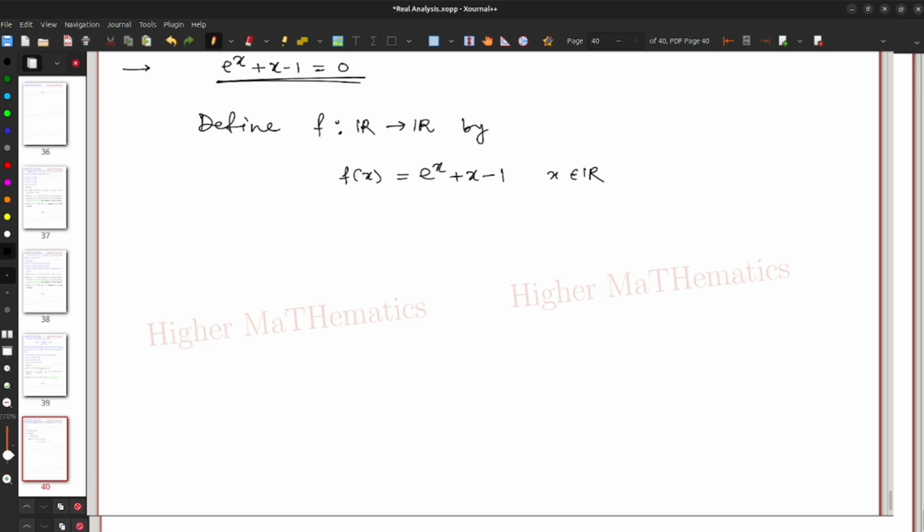Now look at this function. This function is differentiable everywhere, at every point of R, and the derivative f dash x is e to the power x plus 1 for all x belongs to R. Now observe that f dash x is always greater than 0 for every x belongs to R, because e to the power x is always greater than 0 and 1 is also greater than 0.